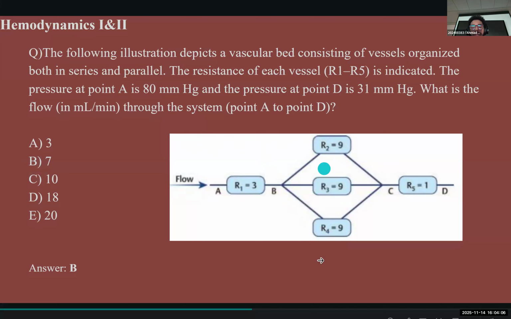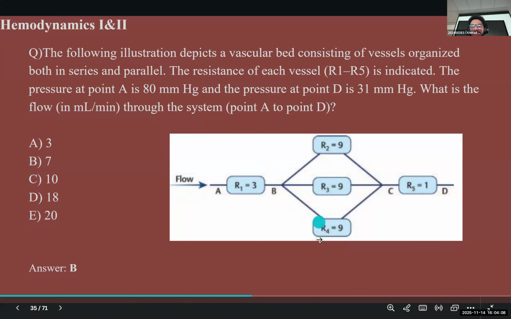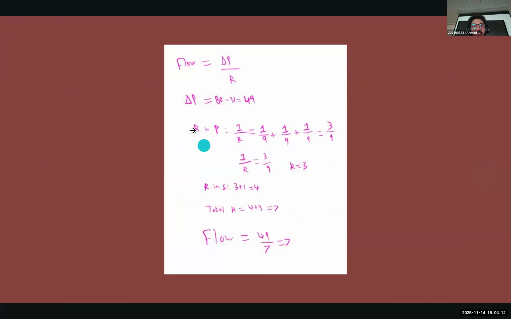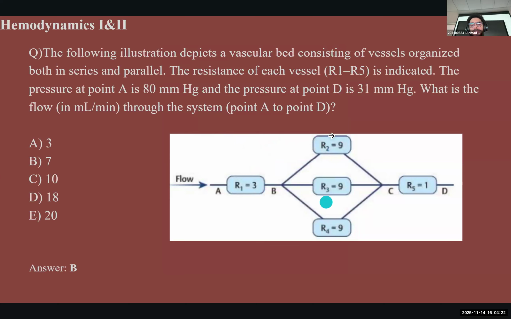Now we need to calculate the remaining ones here, R2, R3, and R4. All of them are 9. And the formula for the resistance in parallel is: 1 over R is going to be these three values added up together.